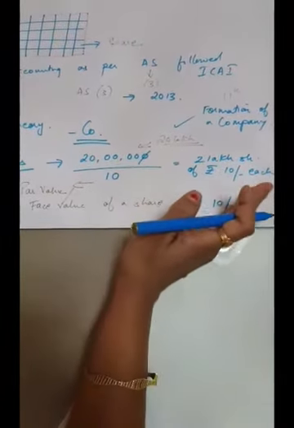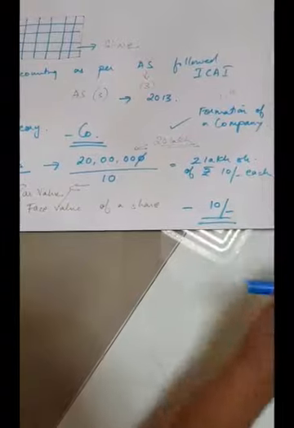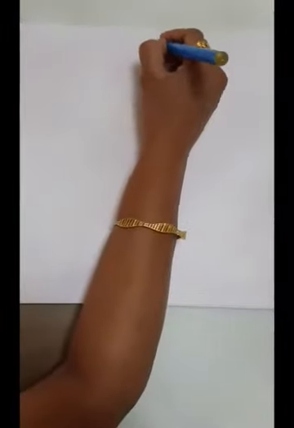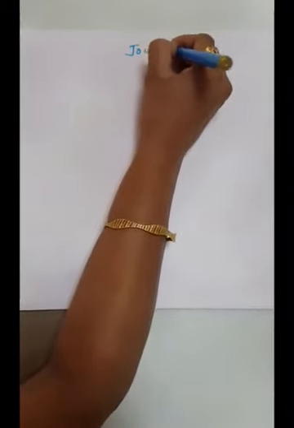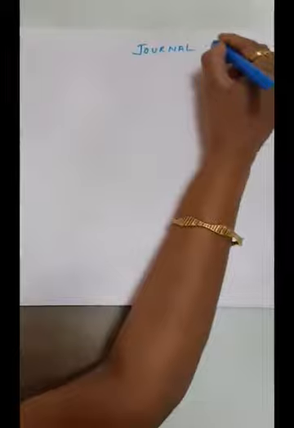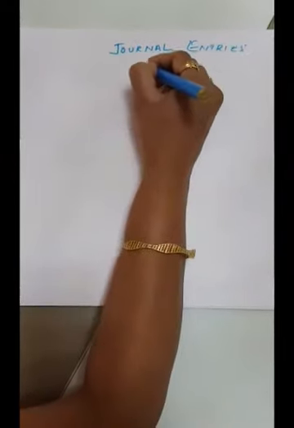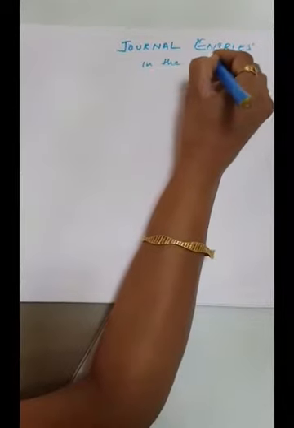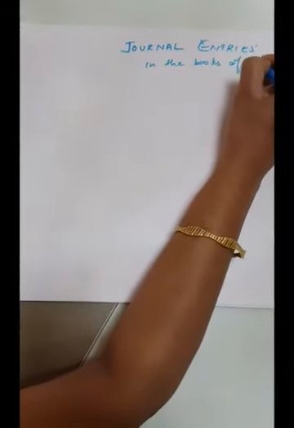This we have to show in the balance sheet of the company. Now coming to the numericals. When we do the journal entries in the books of a company, we have to follow certain rules and regulations.